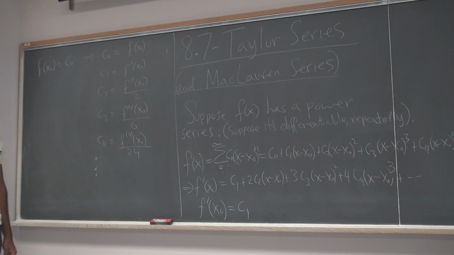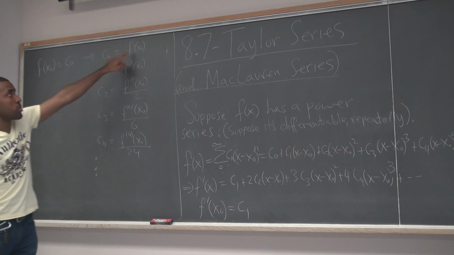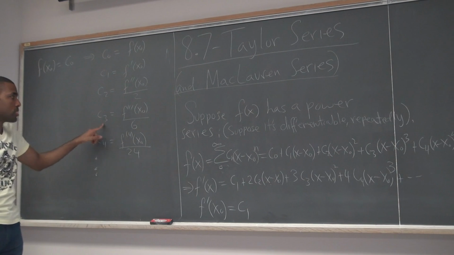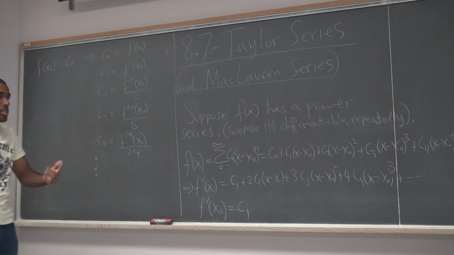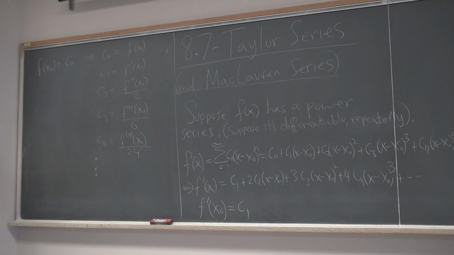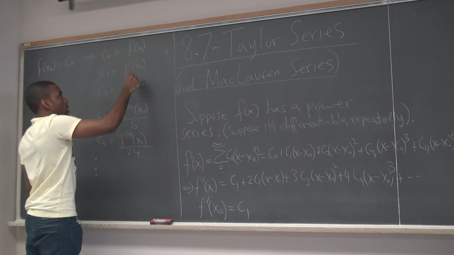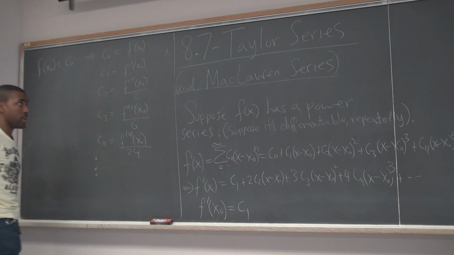Yeah. Well, notice that the subscript is the same as the number of derivatives I'm taking. So C0 is from taking no derivatives, C1 comes from taking one derivative, C2 comes from taking two derivatives, C3 from three derivatives, C4 from four derivatives, etc. What other pattern is there? What about the denominators? 1, 1, 2, 6, 24. What behaves that way?